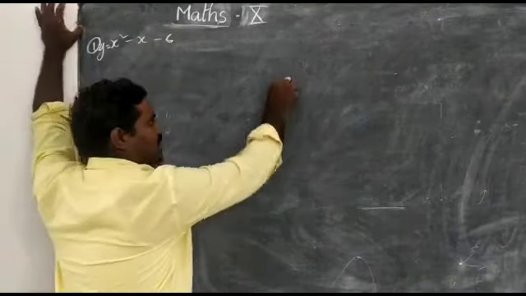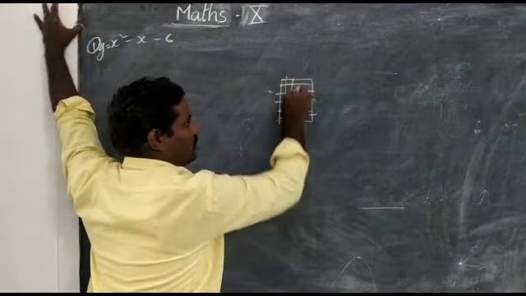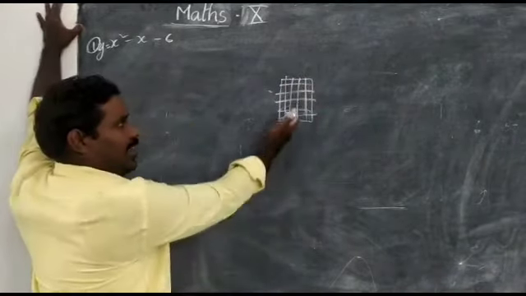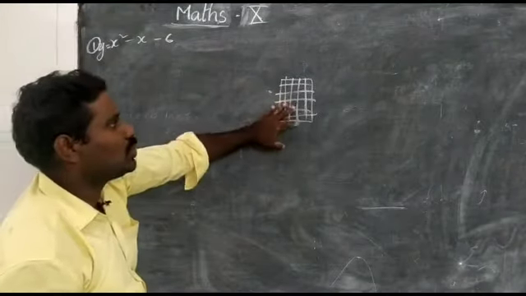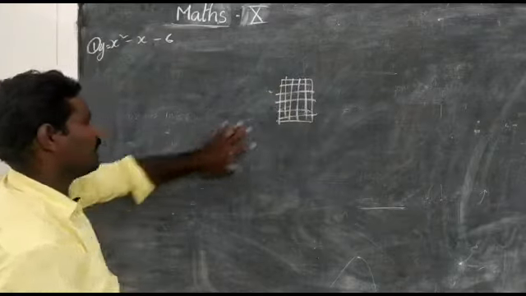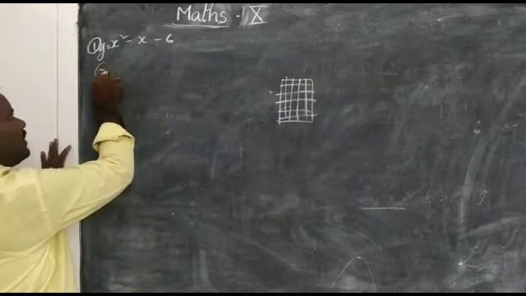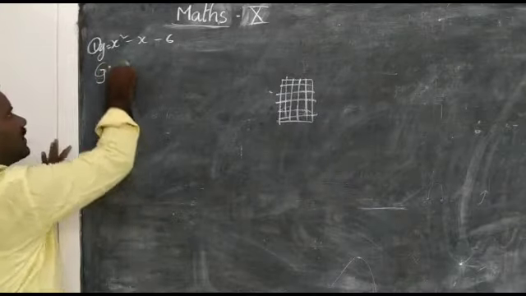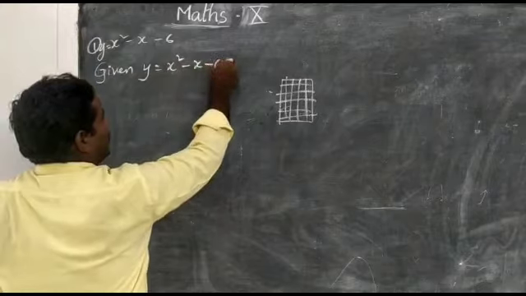We have a graph sheet like this. Everyone knows the graph sheet, and on the back side we have a ruled paper or white paper. Now you have to do your working on the back side of the graph sheet like this. Now I am taking the given, y equal to x square minus x minus 6.